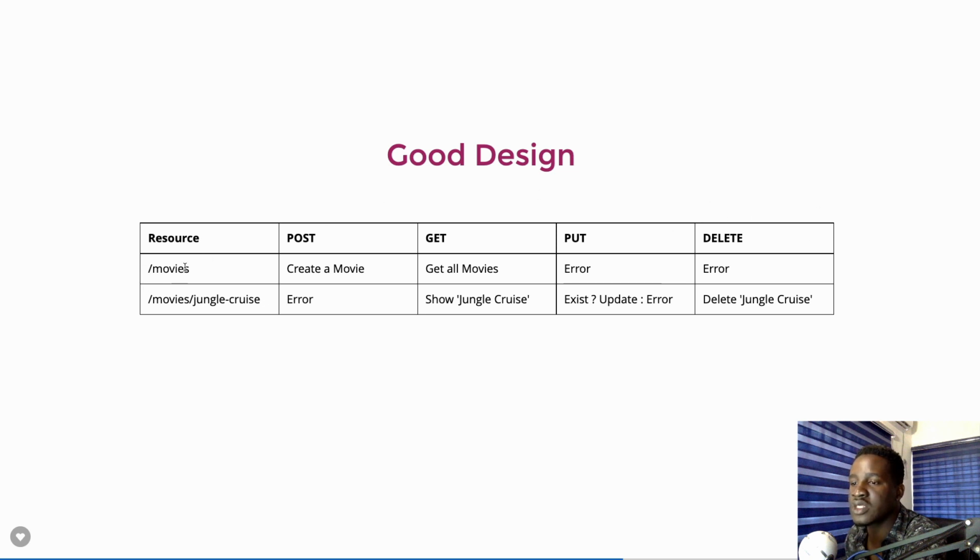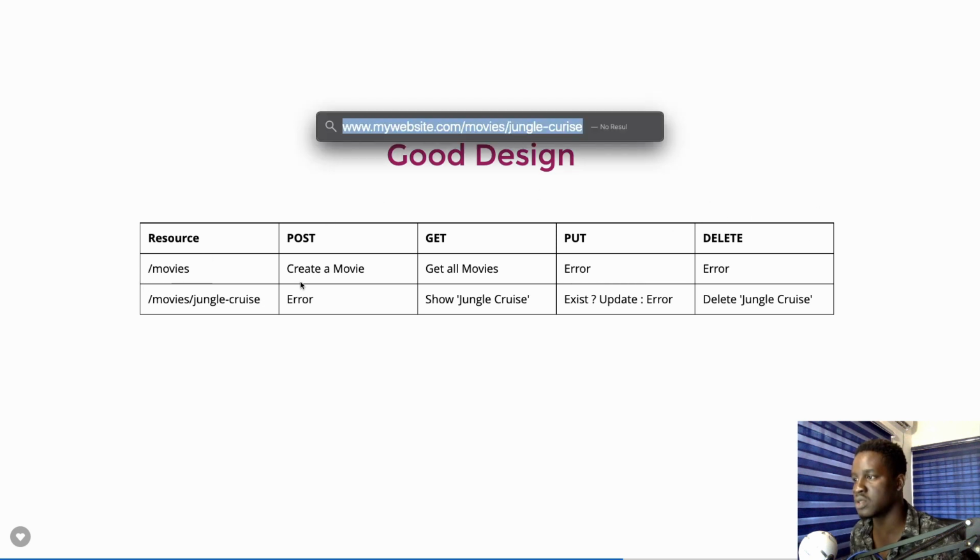So let's say you want to hit an endpoint for movies. When you hit the endpoint for movies, you should be able to perform two tasks. The first one should be post. You want to post a movie, or you want to get all of these movies. You cannot edit all of the movies at once.